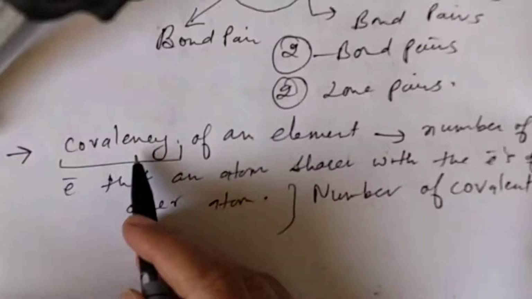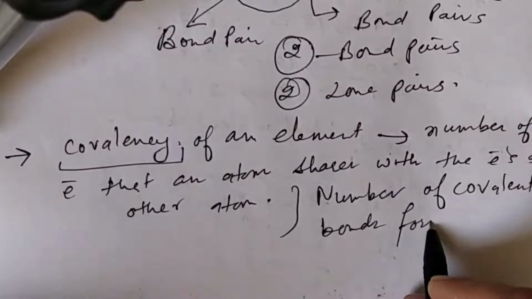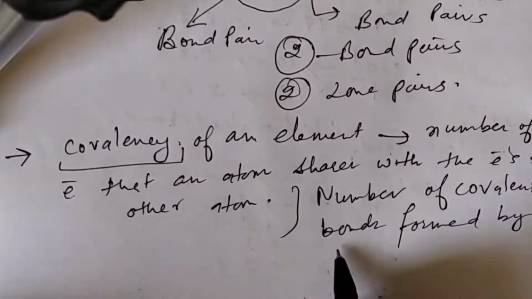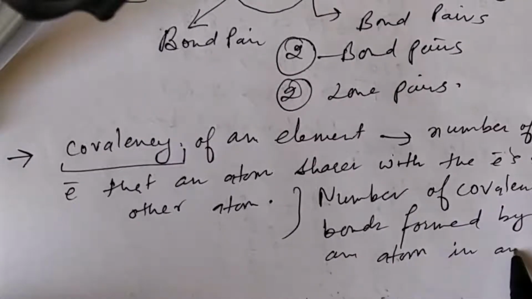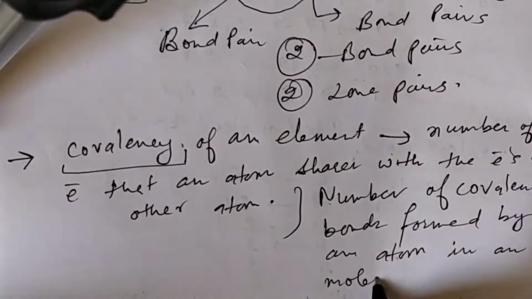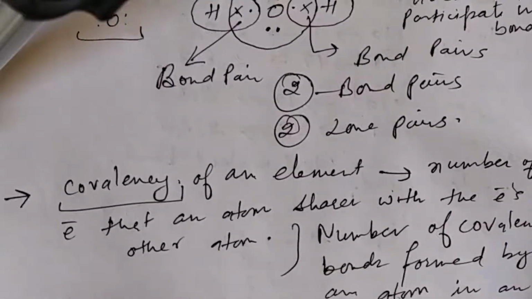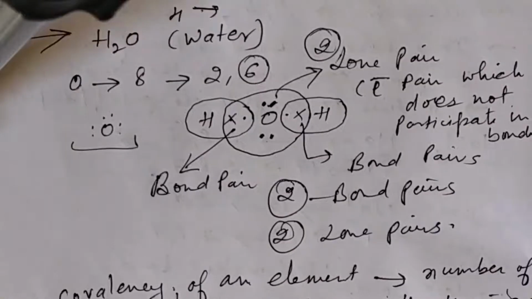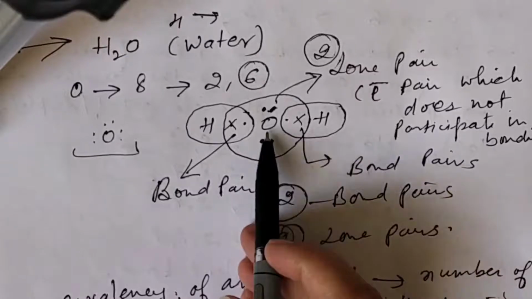What is covalency? The number of covalent bonds formed by an atom in a molecule is called its covalency. In this example, we have taken so many examples. Can you tell me, in the water molecule, what is the covalency of oxygen?